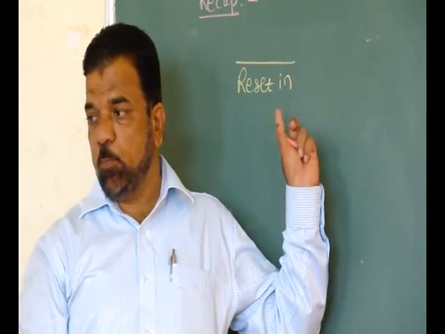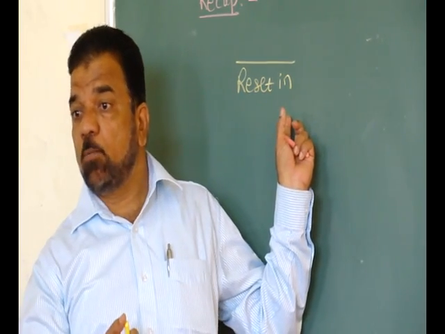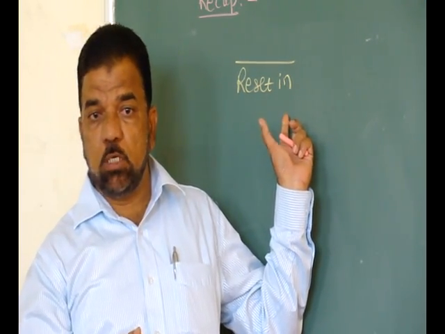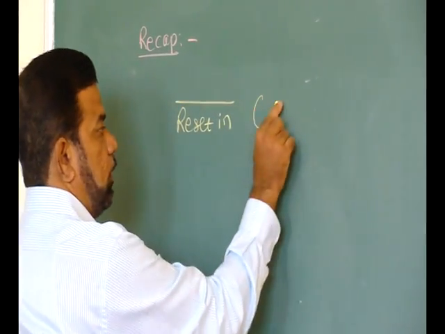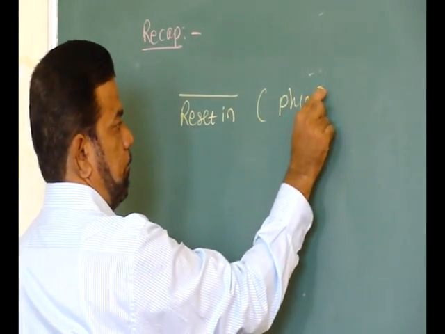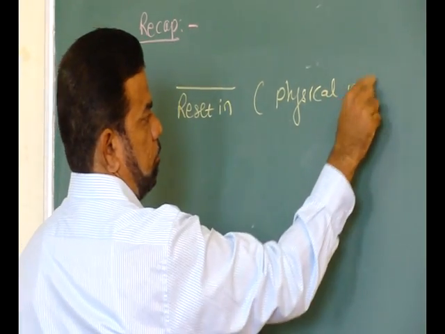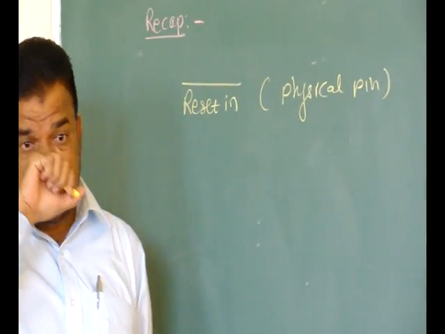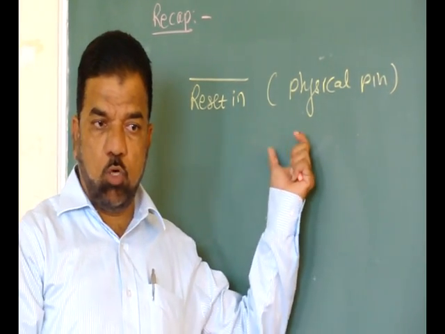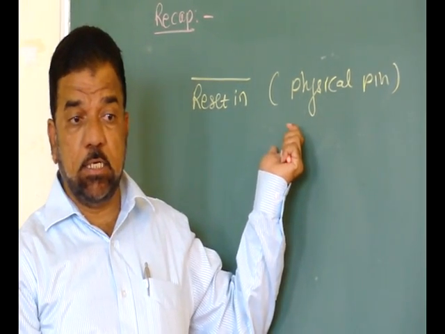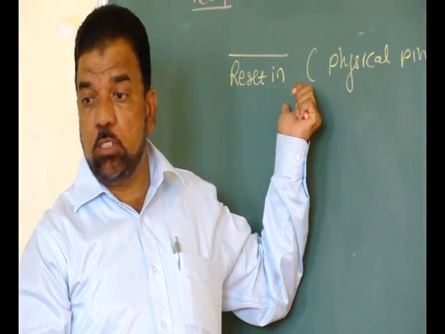When this pin gets activated, the processor goes into a reset state. This is a physical pin, and the logic is low. In order to force the processor into a reset state, I have to generate a logic 0 at the physical pin.